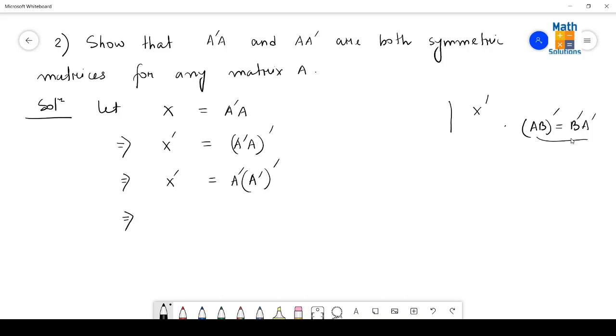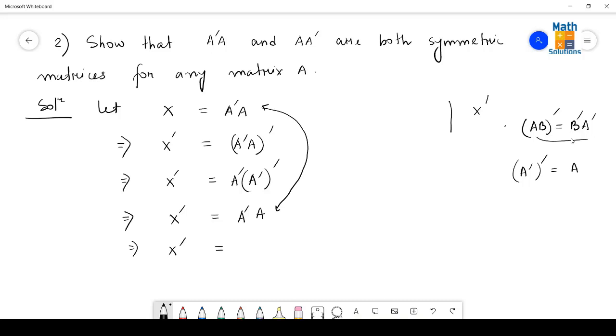So that will further imply X dash is equal to A dash. Again, A dash whole dash, by the property of transpose of matrices, gives us back matrix A. So I get the result, X dash is equal to A dash A. If I observe, these two are the same.